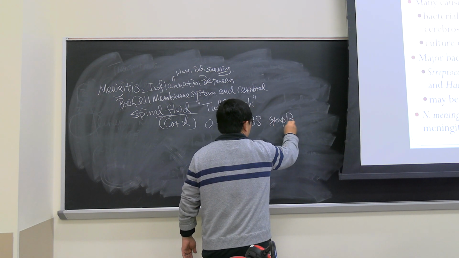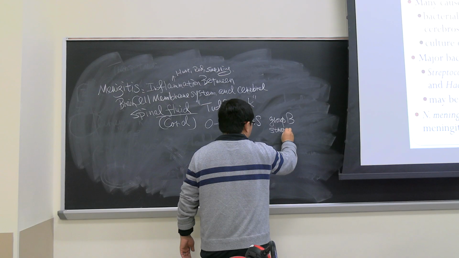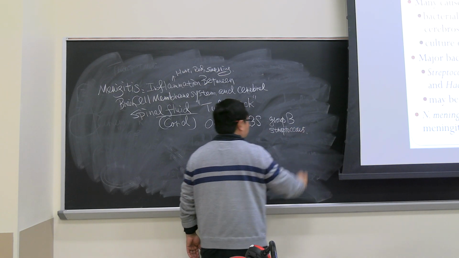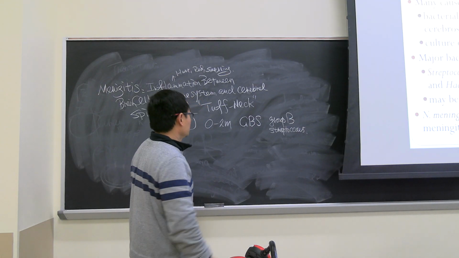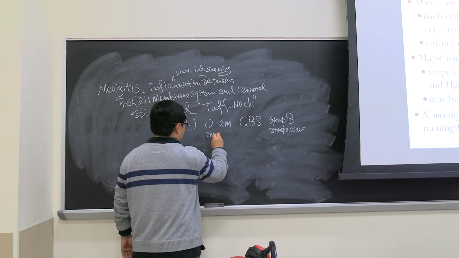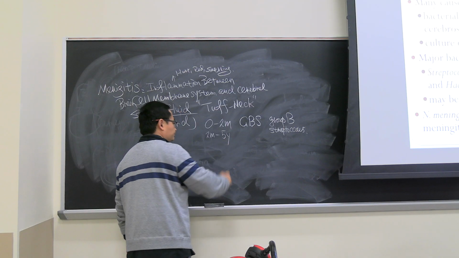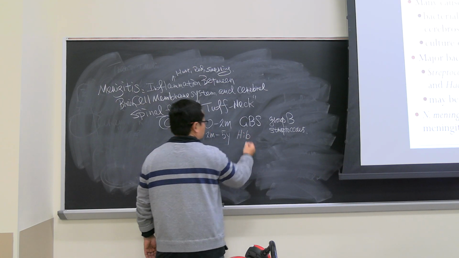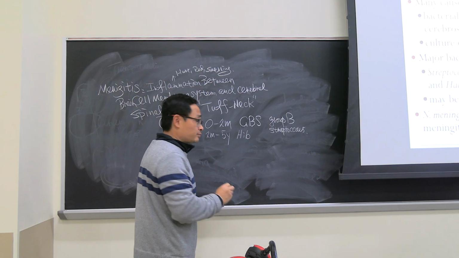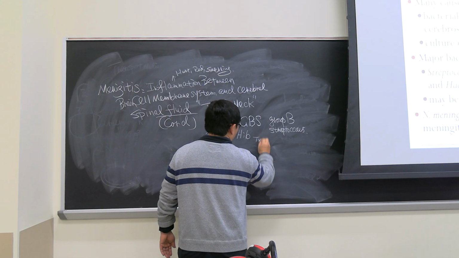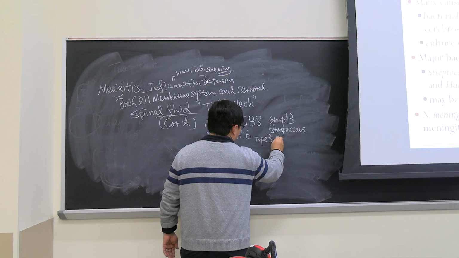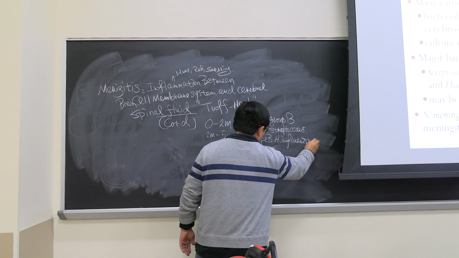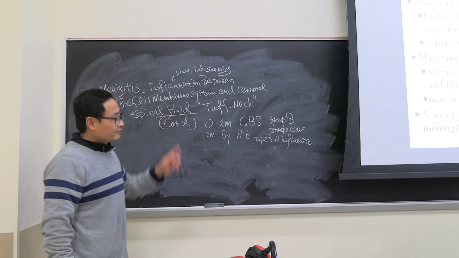Group B Streptococcus. If you are 2 months to 5 years old, it's Hib, not HIV, Hib: Type B Haemophilus influenzae. We have a vaccine for that.